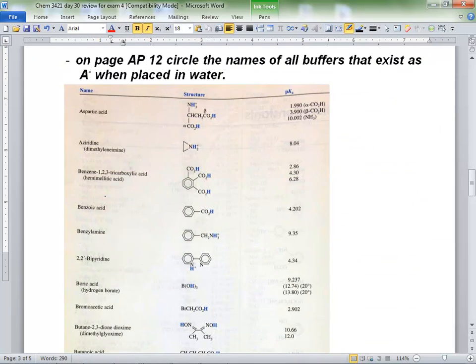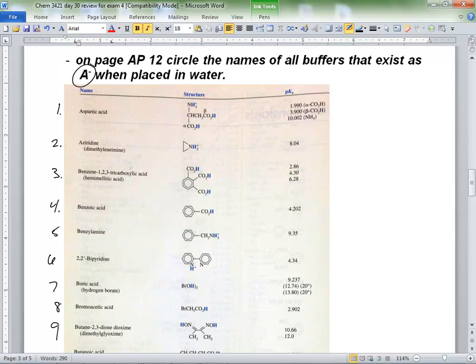So circle all the names. You don't have this. I added this. But circle all the names of all the buffers that exist as A-, the conjugate base, when placed in water. So I'll number them. You don't need to write all this out. You just write down the numbers.